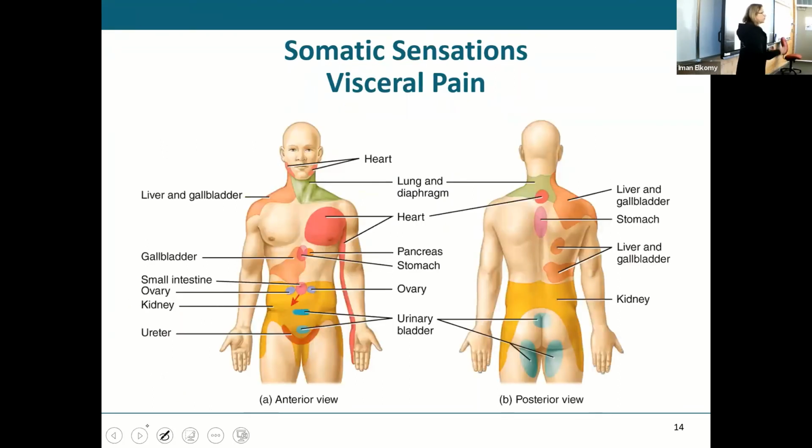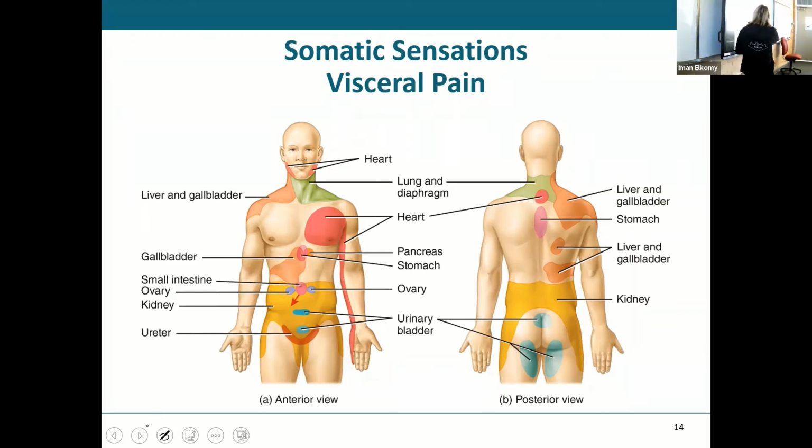Visceral pain, the one coming from those organs, can also be referred pain, right? So most of the time, visceral pain is felt in certain areas of the skin or the skin overlying the organ or just deep to that.